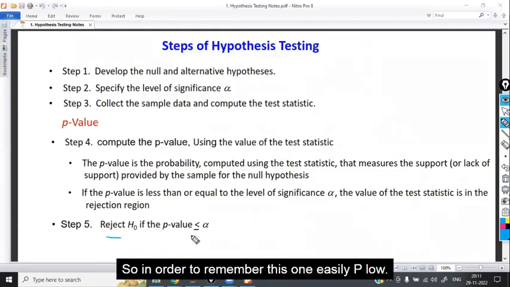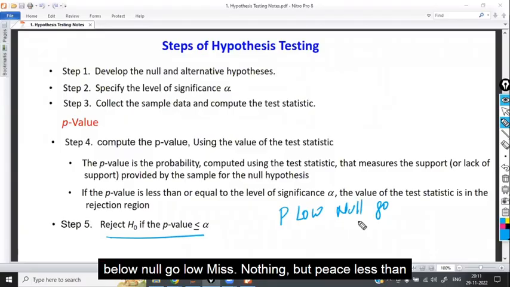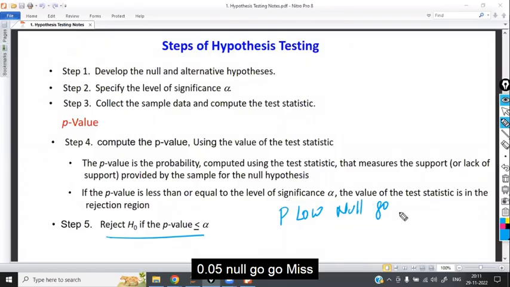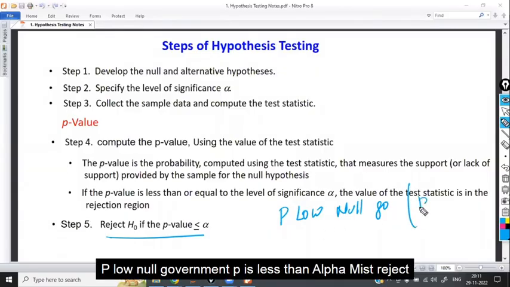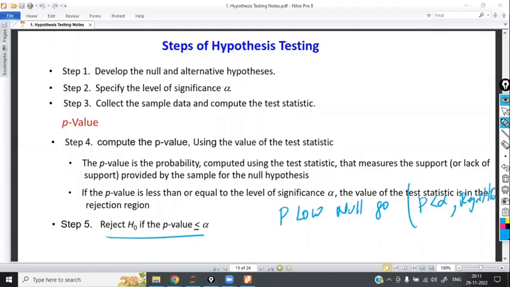So in order to remember this easily: P low, null go. Low means P is less than 0.05. Null go, go means remove, means reject. P low null go means P is less than alpha, reject the null hypothesis.